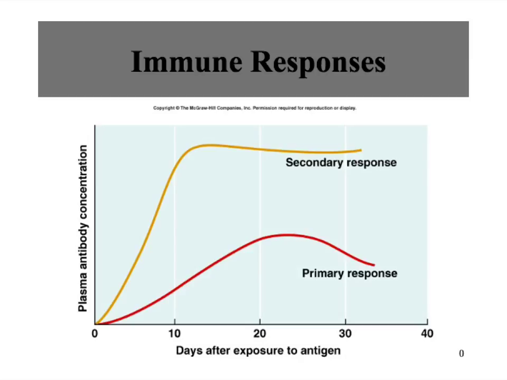We can see here a primary response, the first time that our immune system has been triggered for this specific pathogen. It can take a number of days after exposure to develop a plasma antibody concentration high enough to significantly interrupt the infection process. Here, in the secondary response, we note that there's a much more rapid production of antibodies after exposure to that particular antigen. We call that a secondary response.